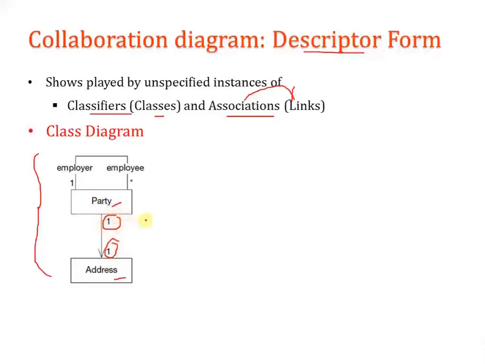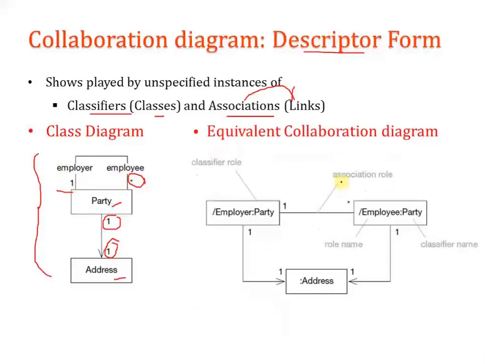All these things we will be discussing in the class diagram perspective. And then here you can see within a party there can be one employer who is going to give work to multiple employees. So star is going to represent more than one. So one employer is going to hire many employees. Now the same class diagram can be demonstrated by using a collaboration diagram as well in descriptor form.